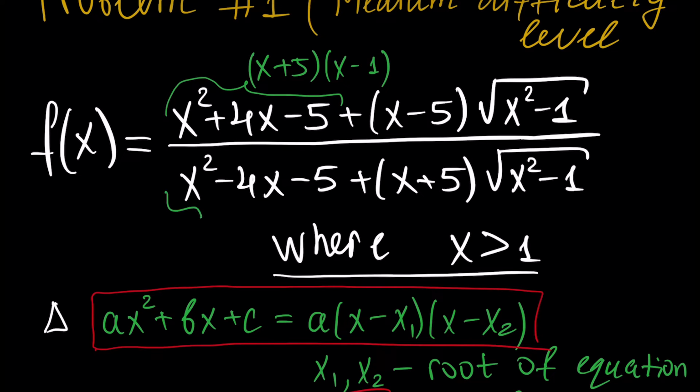Along the same way, for this quadratic term, we can write that this is equal to x minus 5 times x plus 1.